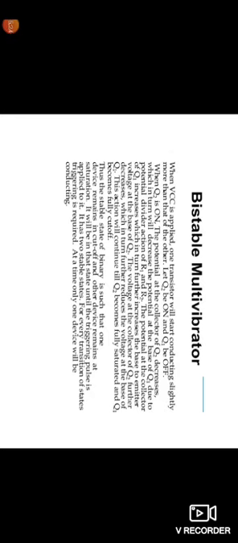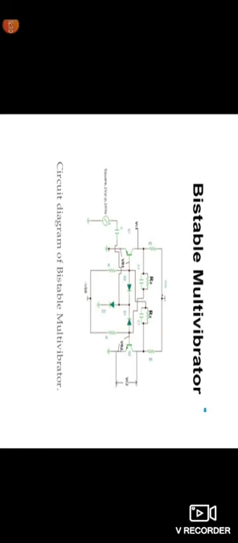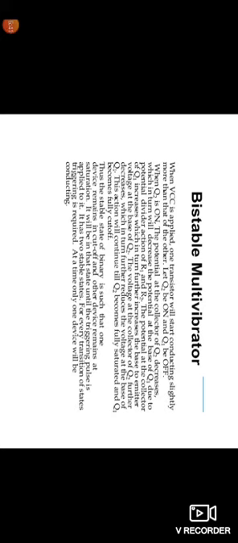The collector of Q2 is directly connected to the ground, so the potential decreases, which in turn decreases the potential at the base of Q1 due to the potential divider action of R1 and R2.